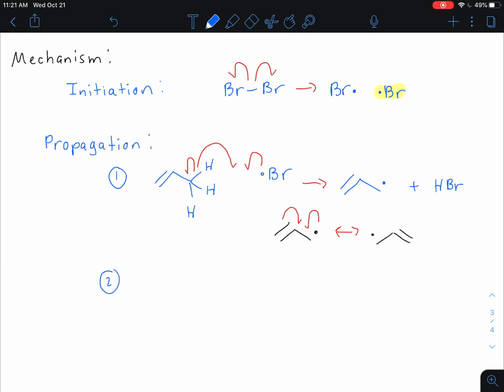So then if we're tracking, like I said, we used the bromine radical here after making it in the initiation step. Now what we need to have happen in propagation is we need to make our product, but also make more bromine radical. So there's our allylic radical. Now we bring in another molecule of Br2.